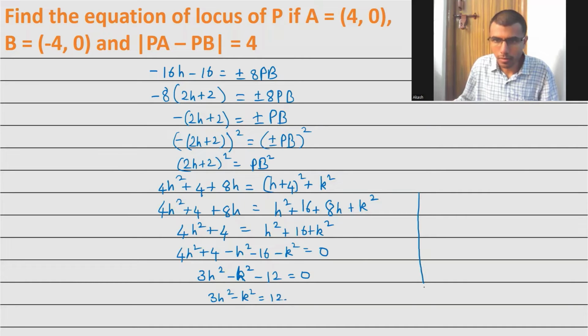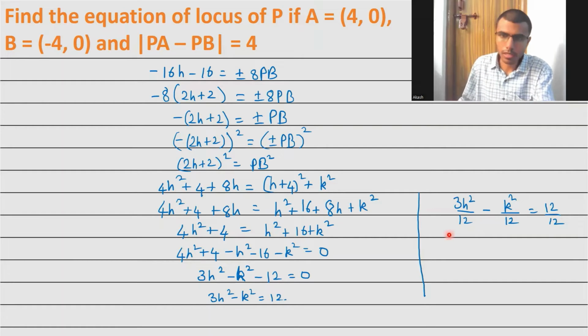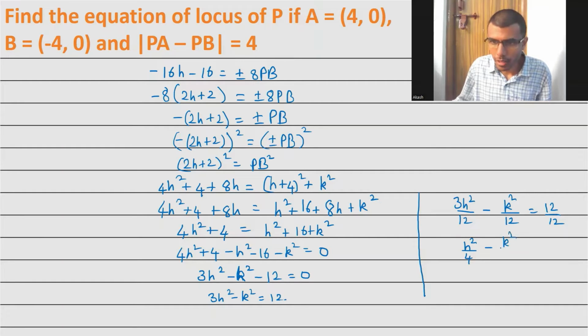Okay, now next. Now divide the entire equation by 12. So I'd get 3h square by 12 minus k square by 12 is equal to 12 by 12. So here 3 1s are, 3 4s are. So h square by 4 minus k square by 12 is equal to 1.